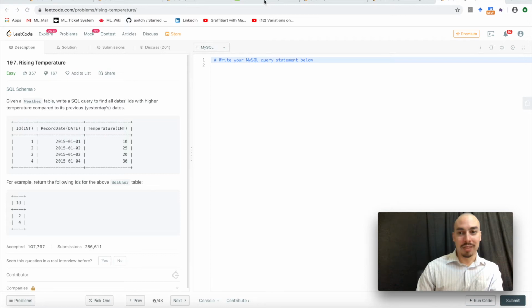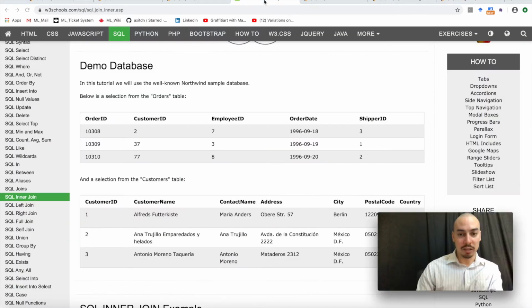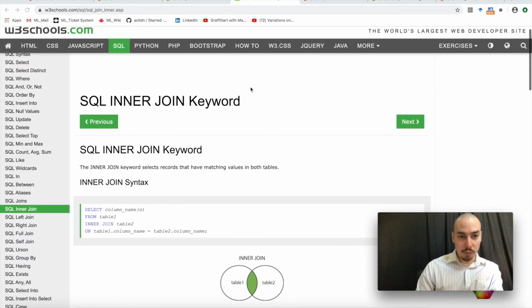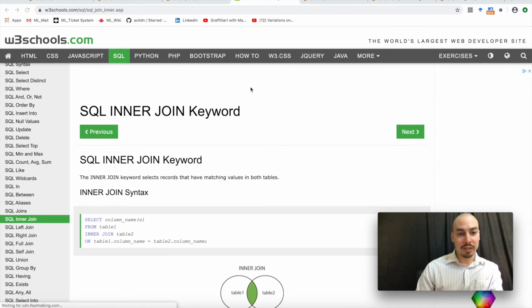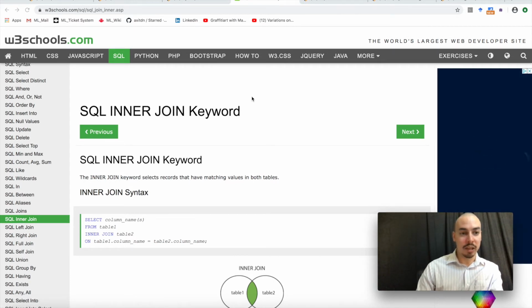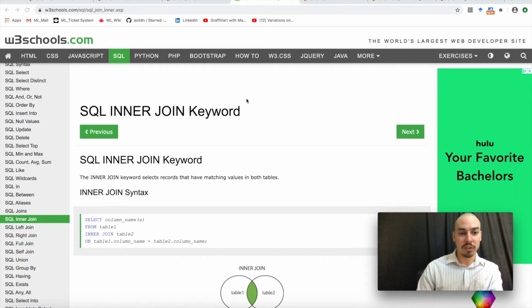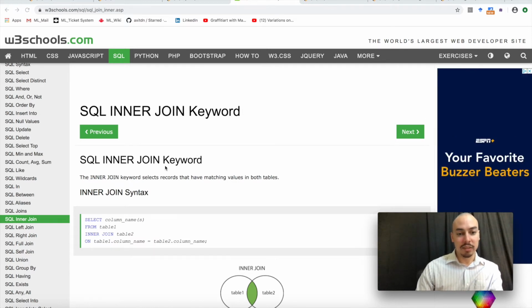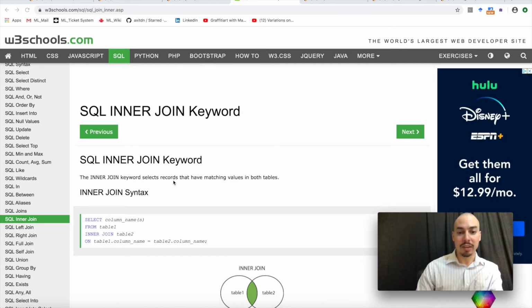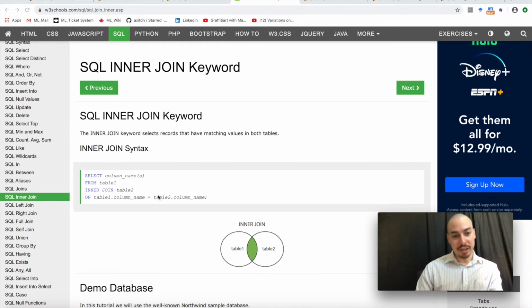So believe it or not, all these problems can be tackled using an inner join, which is explained in some detail here at w3schools.com. The SQL INNER JOIN keyword selects records that have matching values in both tables. With the syntax: select column from table 1, and then you inner join it with table 2.